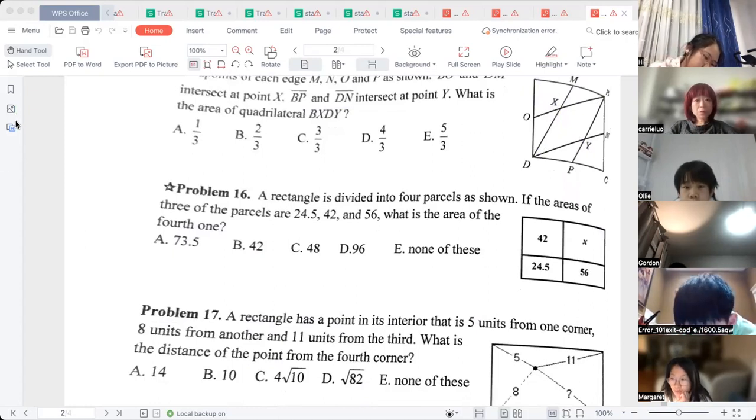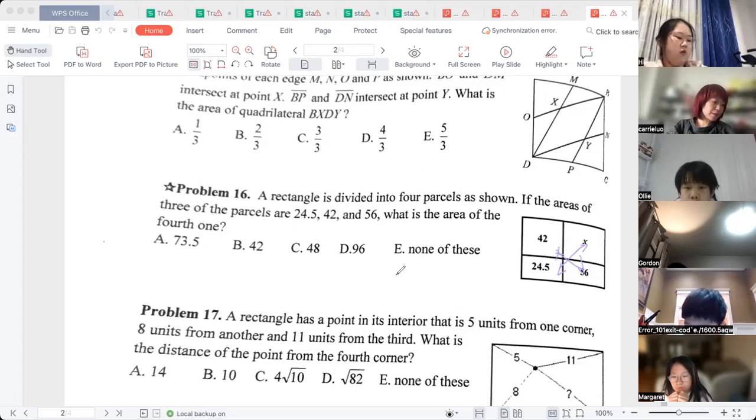Okay, this one's pretty easy, right? We have learned that 42 times 56 exactly equals 24.5 times X, right? So we're just using 42 times 56 divided by 24.5 equals X. The value of X is 96.